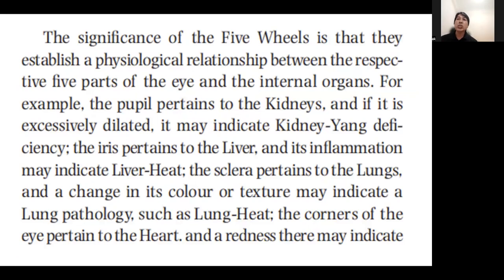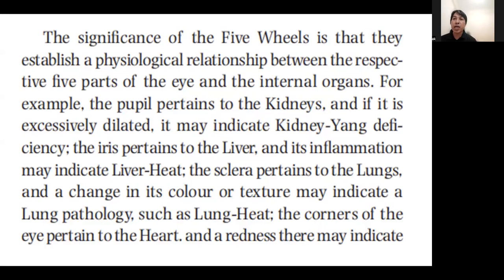The significance of the eye 5 wheels is that they establish a physiological relationship between the respective 5 parts of the eye and the internal organs. For example, the pupil pertains to the kidneys, and if it is excessively dilated, it may indicate kidney yang deficiency.